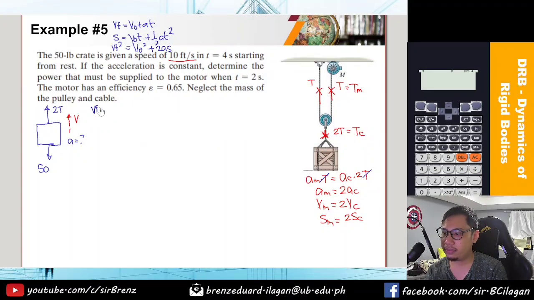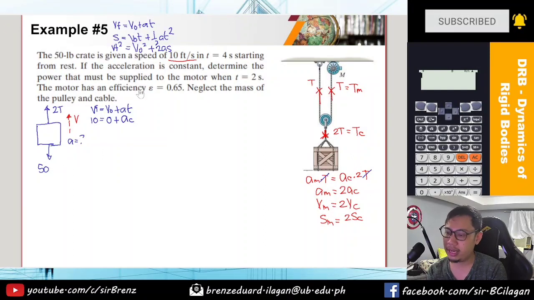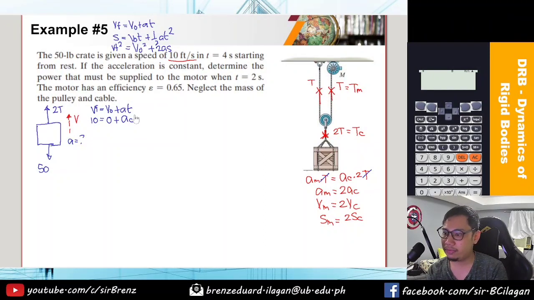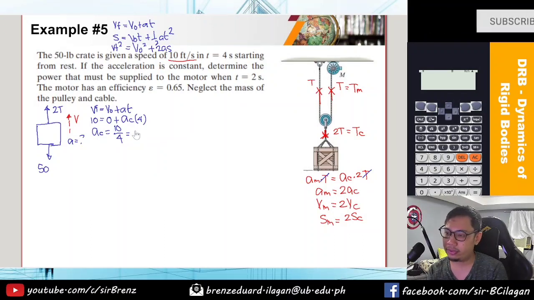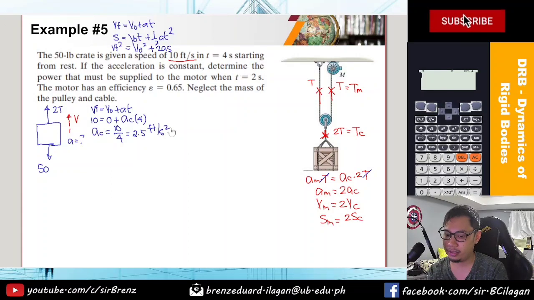So 10 equals 0, starting from rest, plus A sub C multiplied by the time of 4 seconds. A sub C equals 10 over 4, which is divisible by 2, so 5 over 2, or 2.5 feet per second squared.